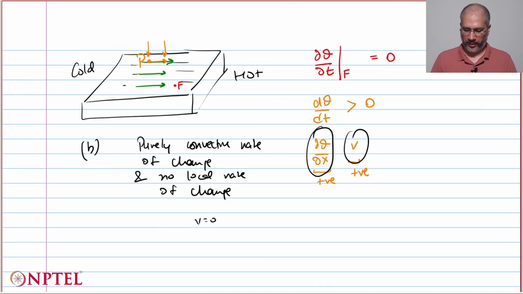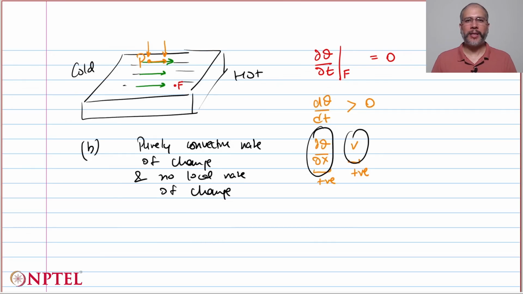And if, on the other hand, del theta by del x is 0, then even if there is a velocity, the particle moves in the same temperature region. So the final temperature is the same as the initial temperature. So there is no change measured by the observer.